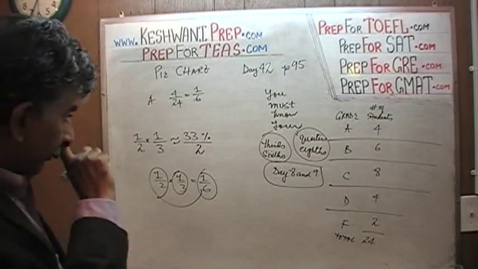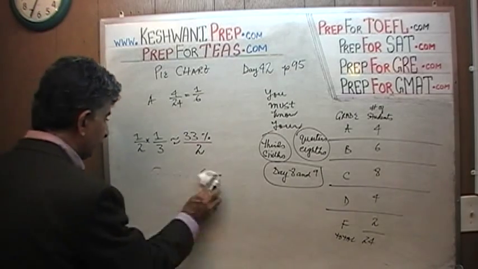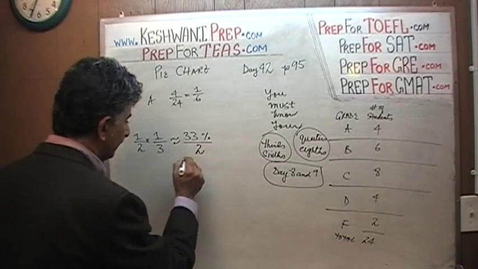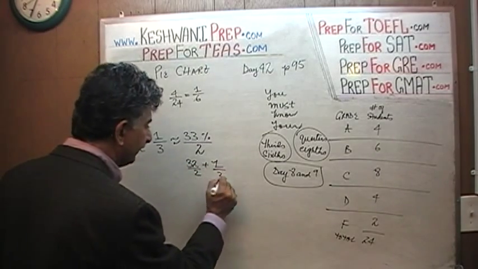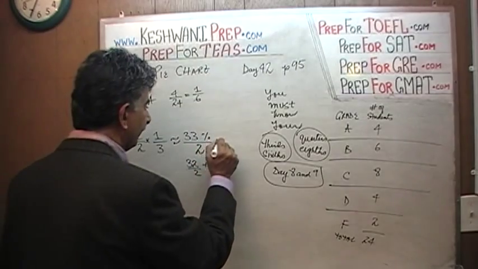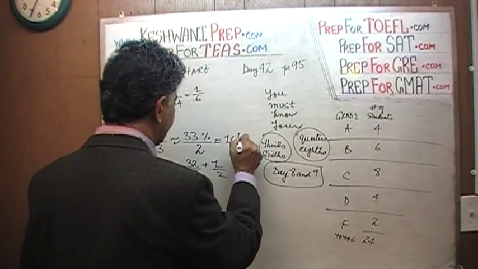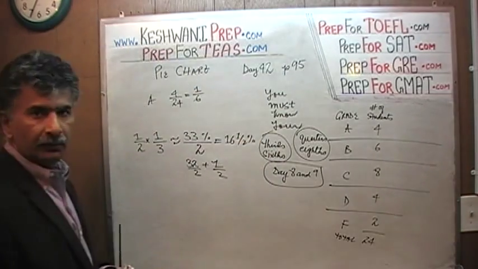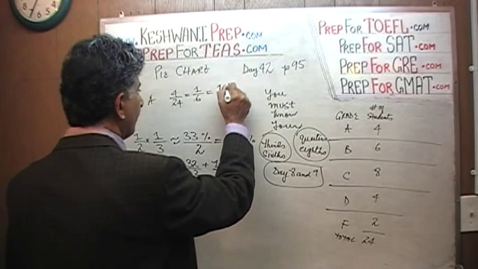Well, that's quite straightforward. We know half of 32 is 16. Look at 33 as 32 plus 1. And half of 32 is 16, and this is half. So this is 16.5%. So this is going to be represented by 16.5%.